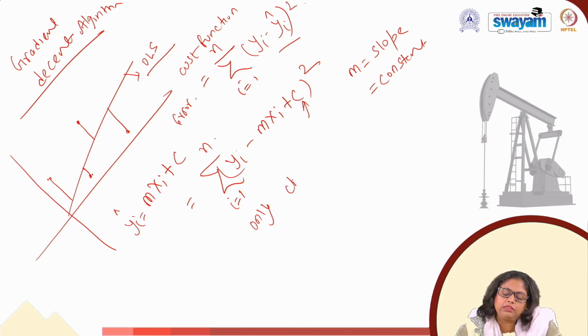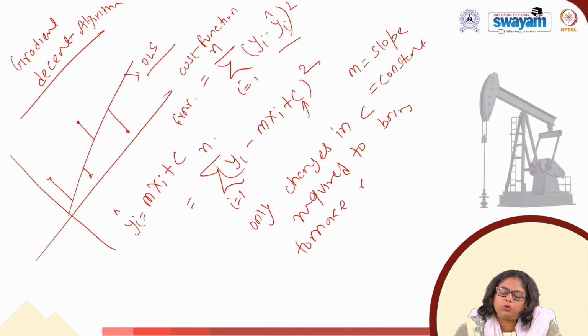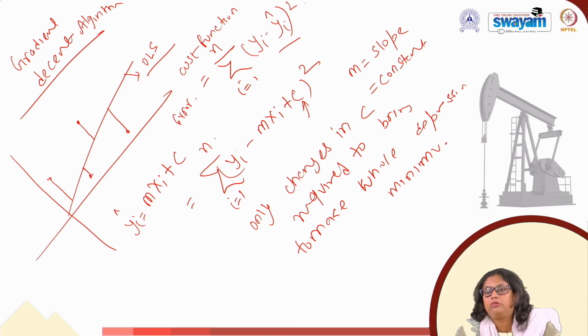Only changes in c are required to make the whole expression minimum, so we can only play around with the value of the intercept.